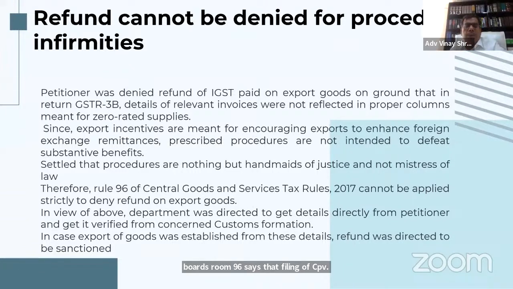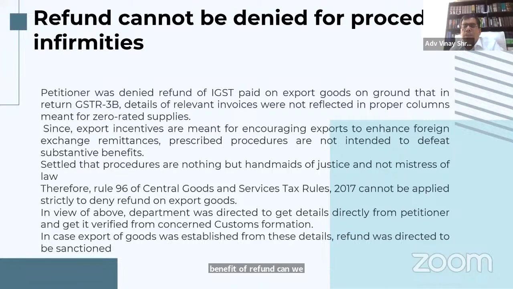Now, it is quite possible that the details of the shipping bill or the relevant invoices are not properly filled up while filing your GSTR 3B return. So if that is not done, the question is whether the benefit of refund can be denied.